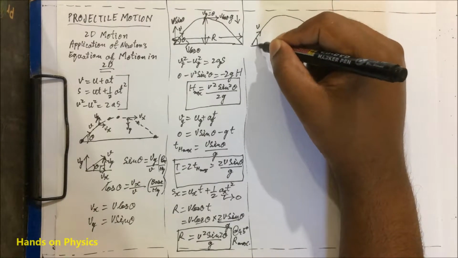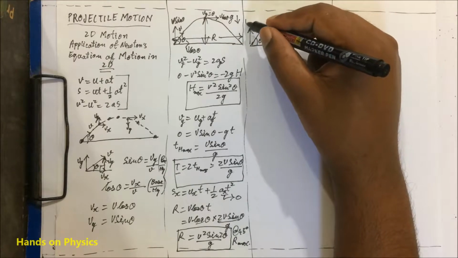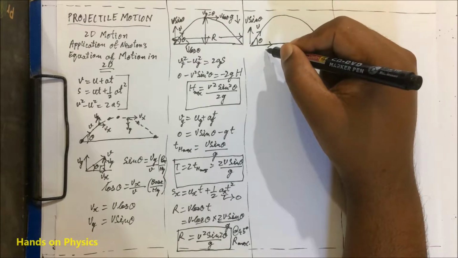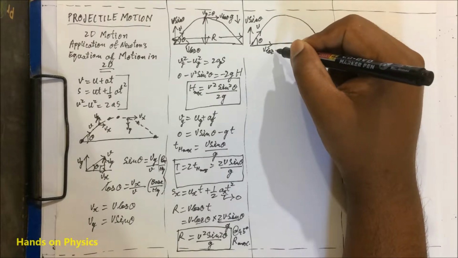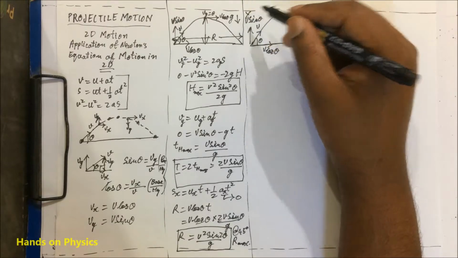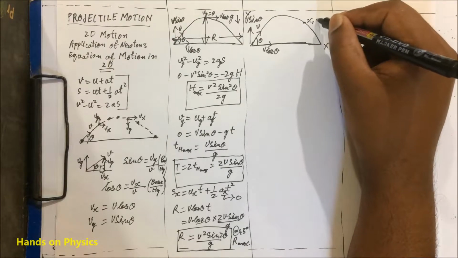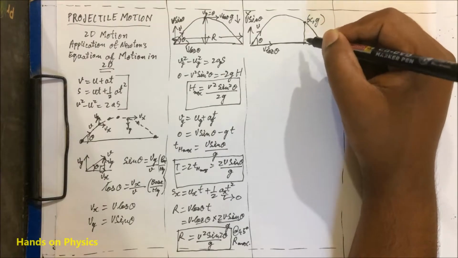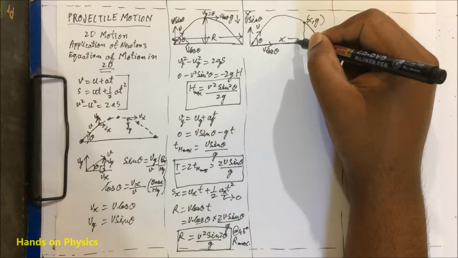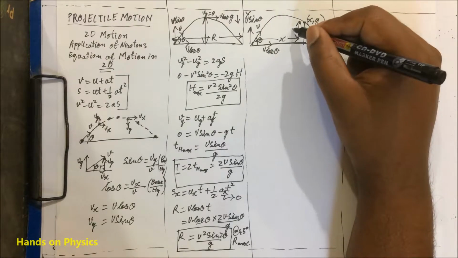Initial velocity is v, angle is theta, and the subsequent components are v sine theta in the y-axis direction and v cos theta in the x-axis direction. So this is the y-axis and this is the x-axis. Let us consider a point x comma y here. That means this distance is x and this distance is y.